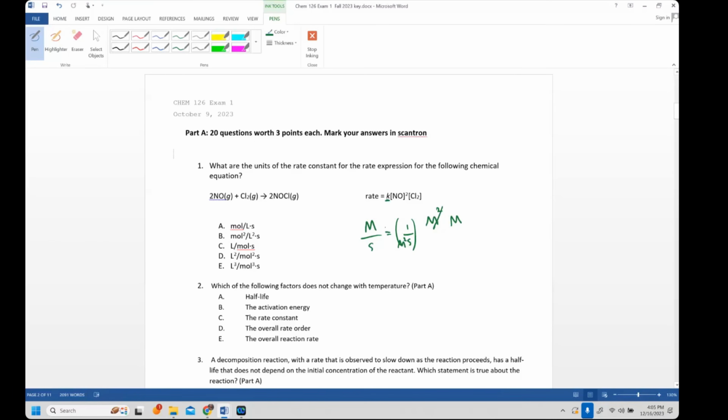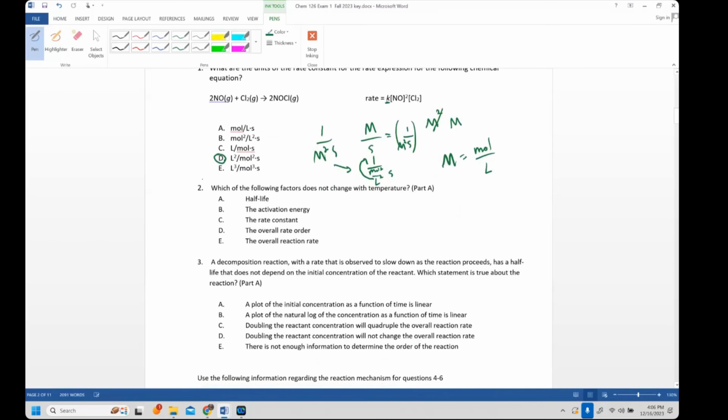This says moles per liter, and we know molarity is moles per liter, so they make it a little more difficult. 1 over M squared times seconds is the same as 1 over mole squared per liter squared per second. Doing the math, the liter squared goes to the top and the mole squared stays on the bottom, so it's liters squared per mole squared times seconds. That would be D.